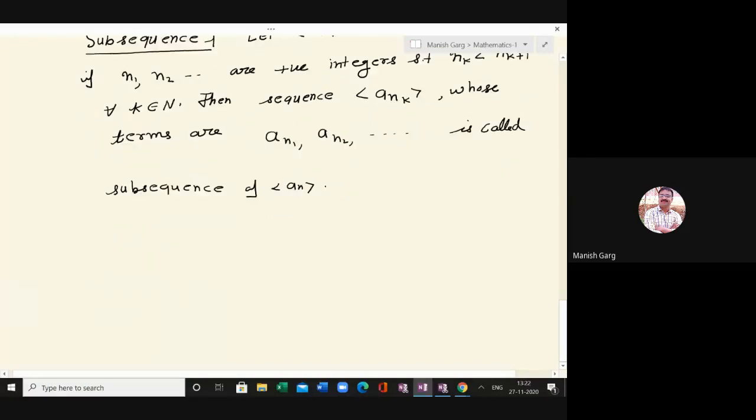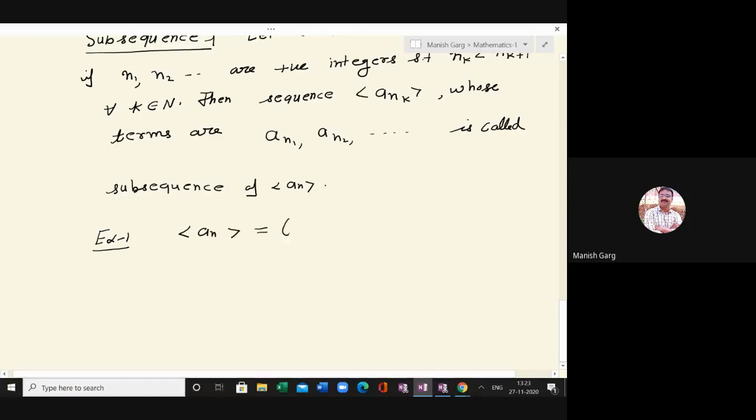First I am doing one example, then I will do more things on subsequence. Suppose you have a_n as the sequence 1 by n, which you can write as 1 by 1, 1 by 2, 1 by 3, 1 by 4, 1 by 5, 1 by 6, like that.